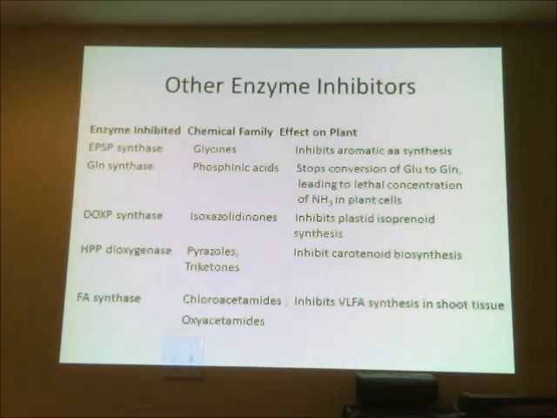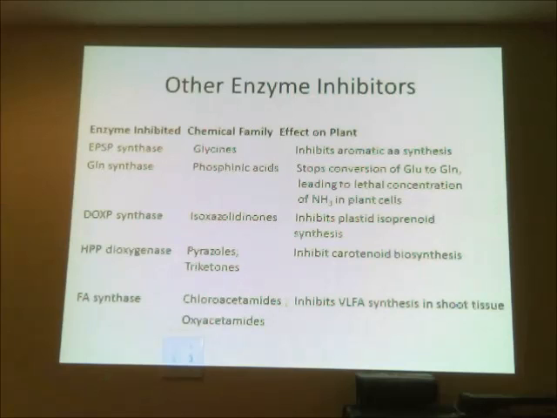And then we have the 4-hydroxyphenylpyruvate dioxygenase inhibitors. They prevent tyrosine catabolism. So the amino acid tyrosine needs to be broken down, and in the process of breaking it down, it's biologically used to synthesize carotenoids.